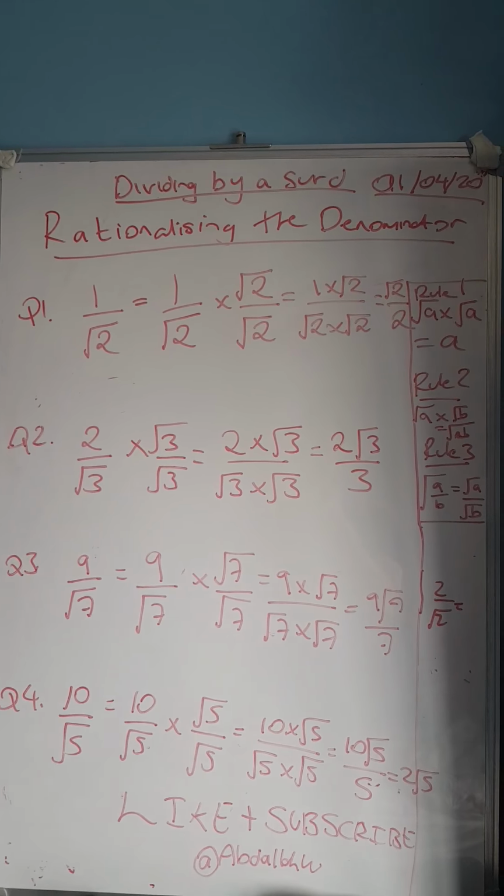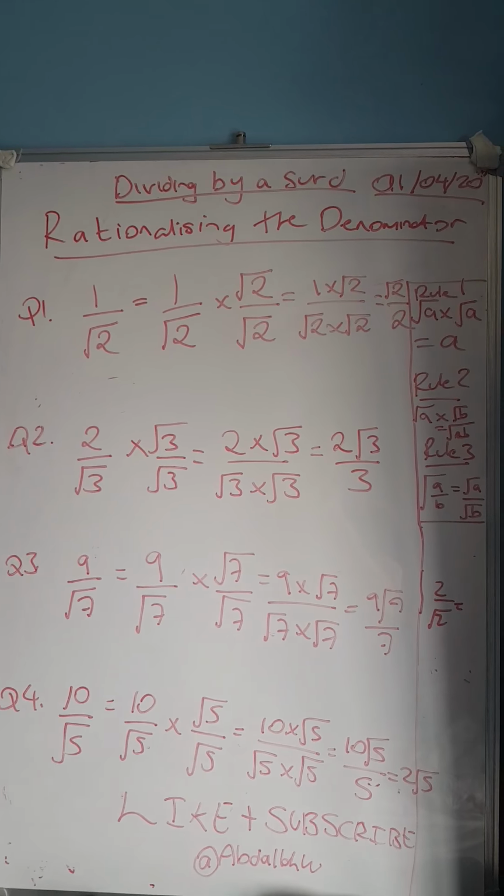So to get rid of this root 2, we're going to write the fraction again, 1 over root 2, and multiply this by 1 essentially. And 1 can be written as root 2 over root 2.